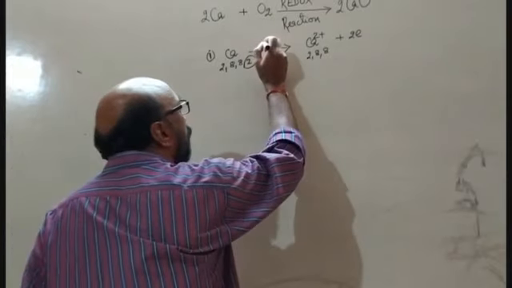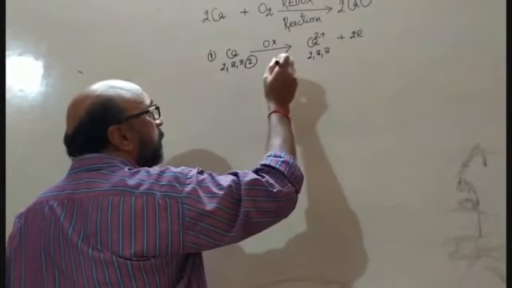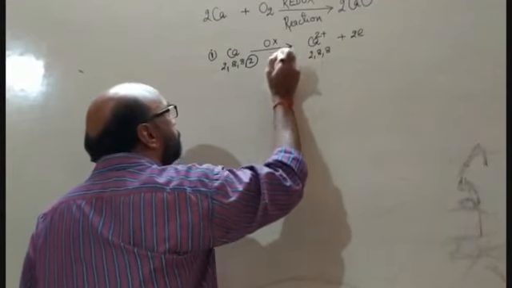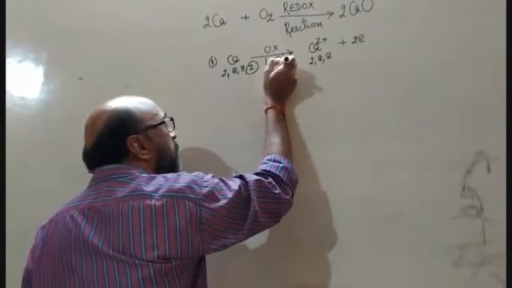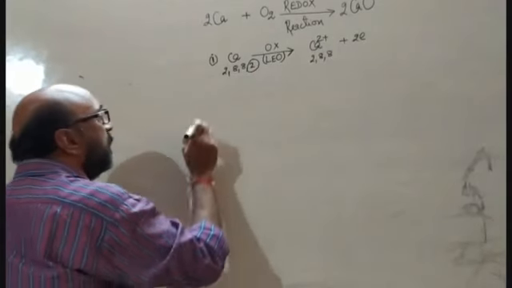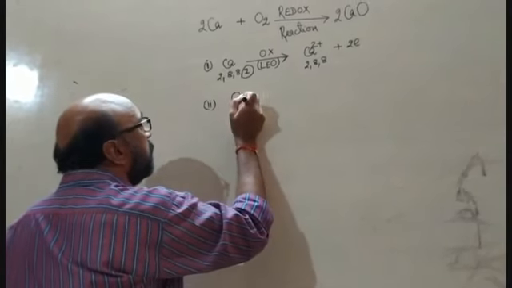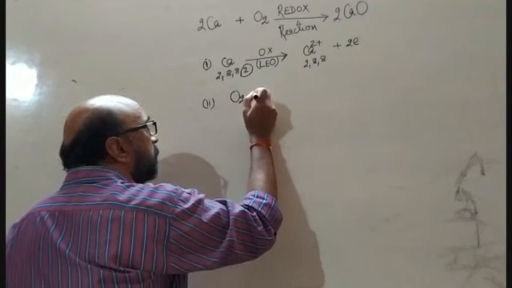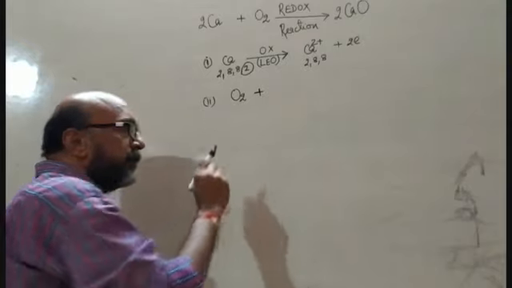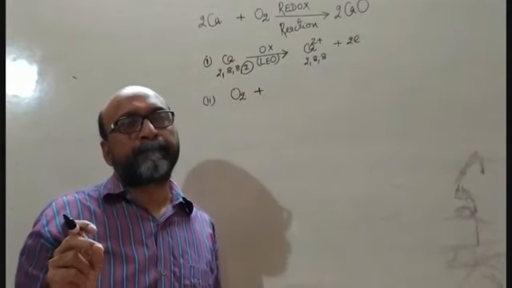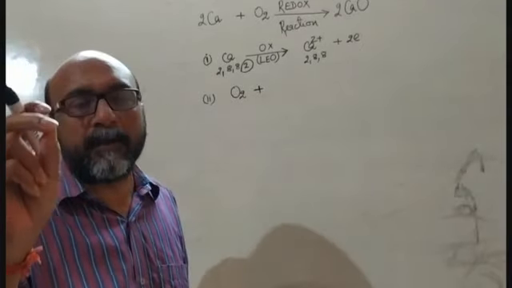This process is called oxidation, because here electrons are lost. The loss of electrons. And in the second part, oxygen gains 2 electrons per atom, but oxygen occurs in nature in the form of a diatomic molecule.